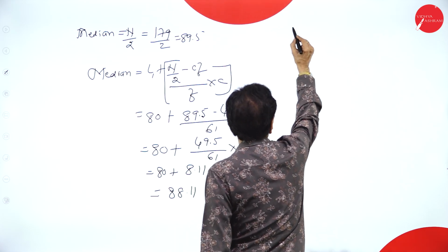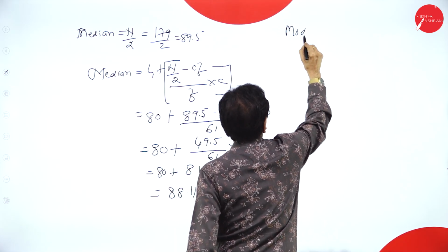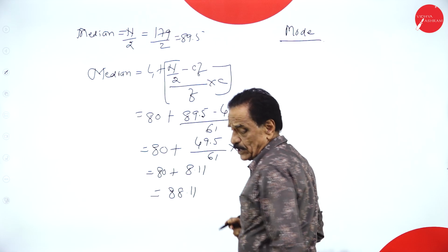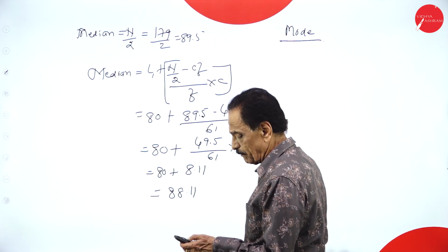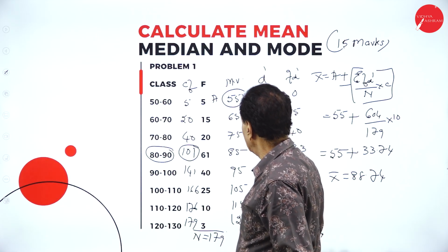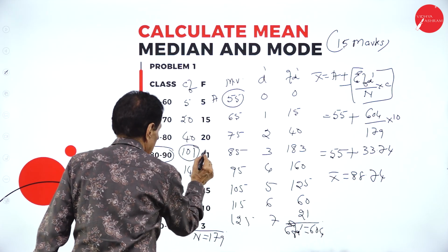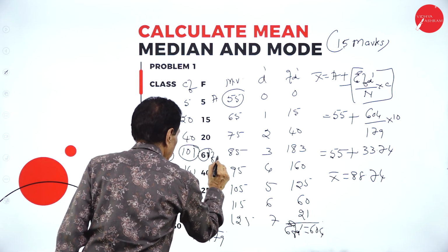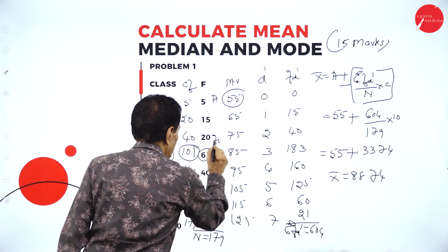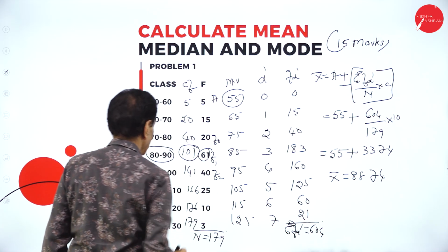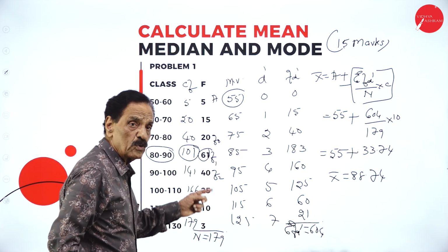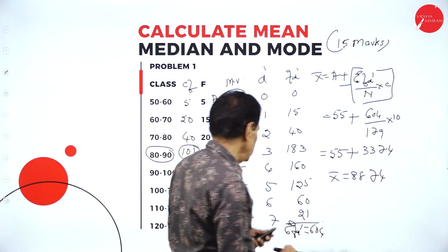Then mode. Mode lies in the highest frequency. Come back here. Which is the highest frequency here? 61. This is your F1. Behind is F0. Next is F2. Your modal class is 80 to 90. I will write the formula now.